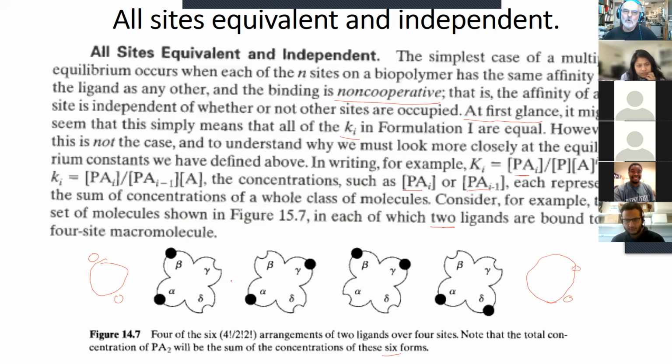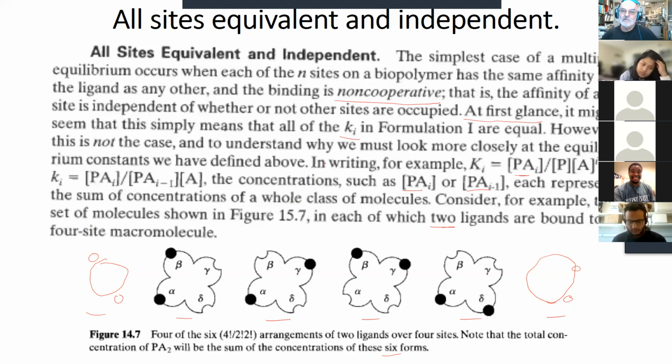And so the point is that when you think about concentrations and binding constants, you can make this form and this form and this form and this form and this all at the same time. So there's actually 6 different forms that can be present in solution and are present in solution all at the same time.